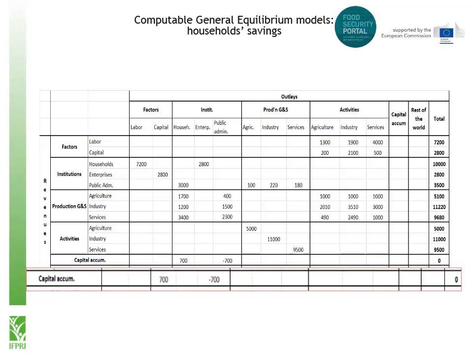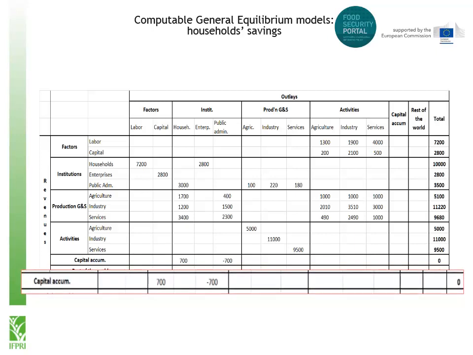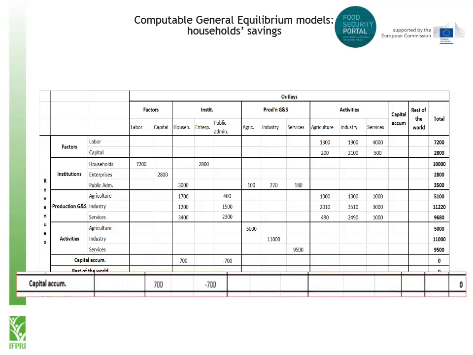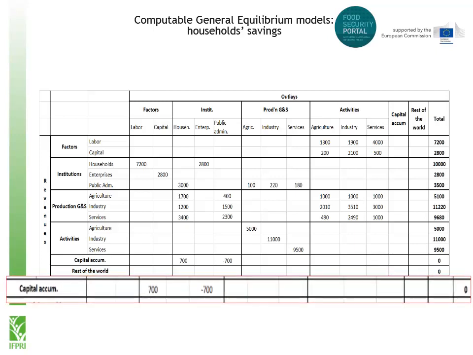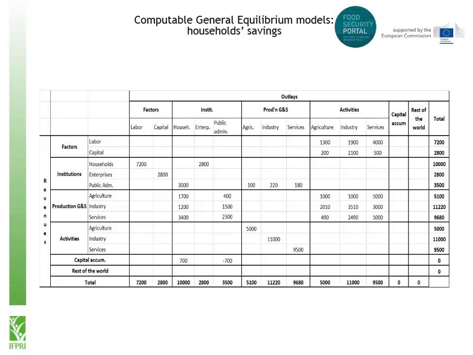And so this is new, and if you add 700 plus minus 700, you've got a total of 0, which corresponds to the total of the column capital accumulation, and it corresponds to the macroeconomic equilibrium, which was savings plus public balance is equal to 0.